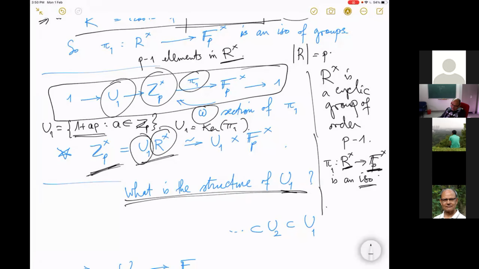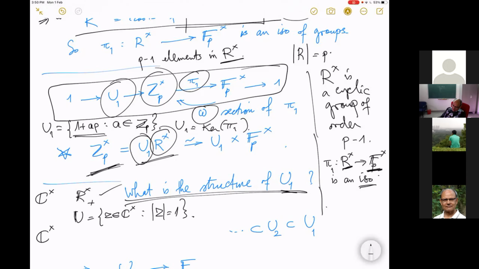What is an easy example of a product? For example, C star has two subgroups. One of them is R star plus, and the other one is, I'll call it U, like this. This one you understand. And this consists of all z in C star such that the modulus of z is equal to 1. It's the circle group.